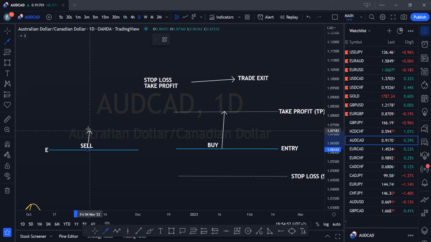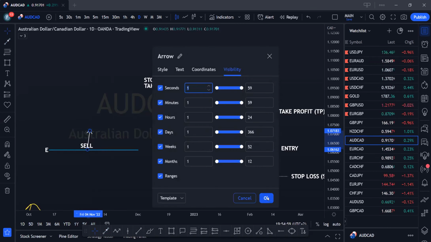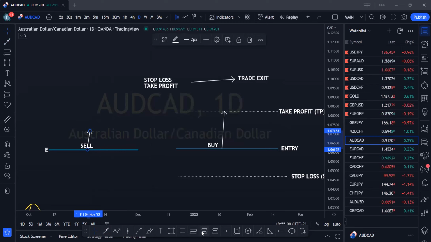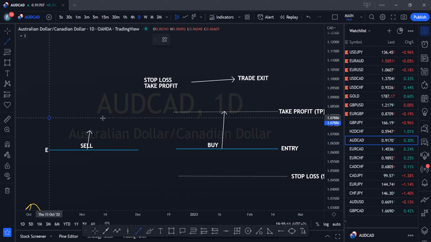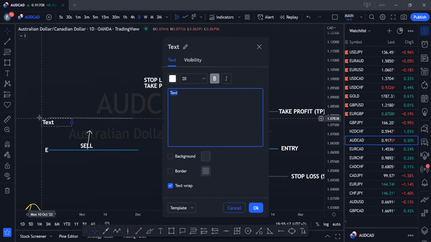So stop loss is the maximum amount of loss that you are willing to have on that particular trade. So let's say this right here is your stop loss. Stop loss is SL, right?